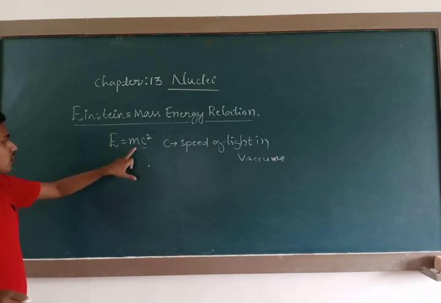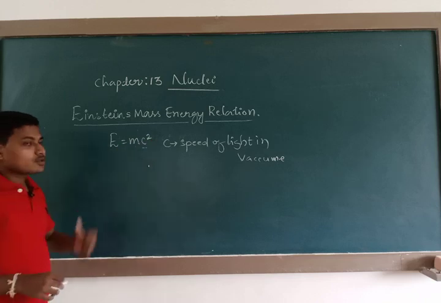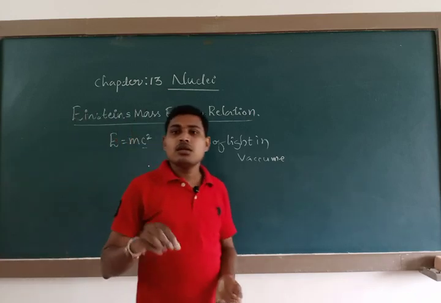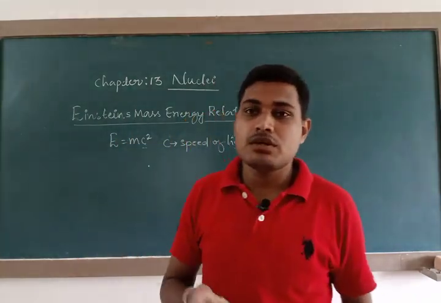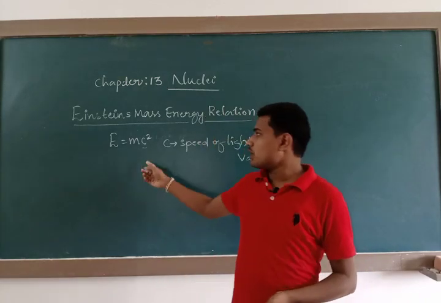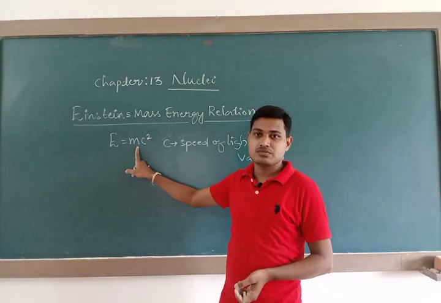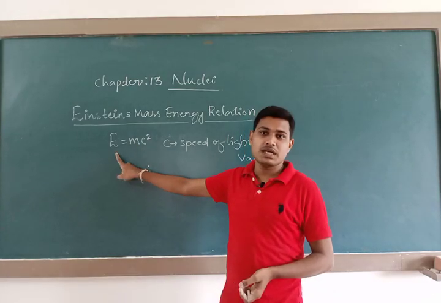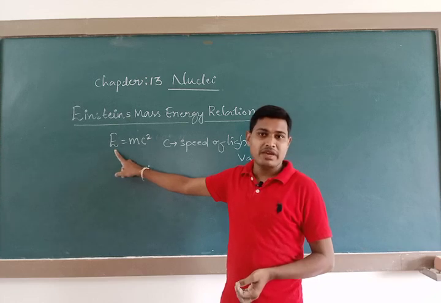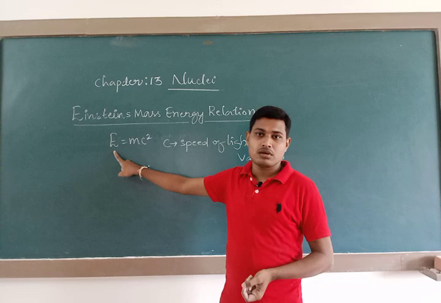Energy is equal to mass times the square of the speed of light, that is mc². According to this equation, energy can be expressed in terms of mass, and mass can also be expressed in terms of energy, and we can convert energy into mass as well as mass into energy.